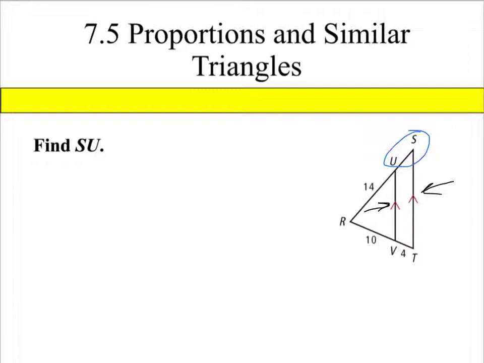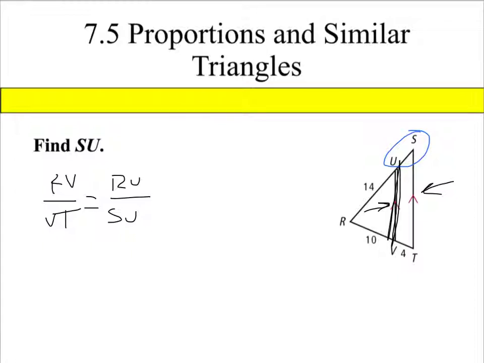So how do we set that up? We look at RV over VT, using this parallel line as my breaking point. RV on top, VT on bottom, equal to RU over SU.